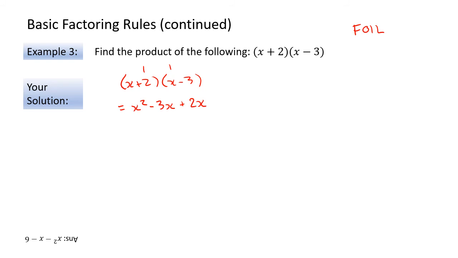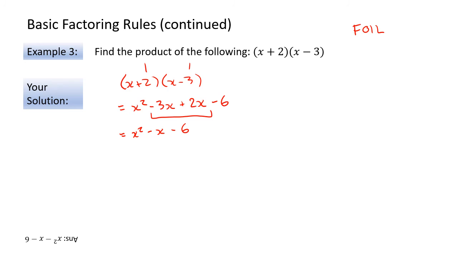And our last terms are 2 and negative 3, so 2 times negative 3 is negative 6. So we can collect these terms in the middle here, and we get x squared, negative 3x plus 2x is negative x, minus 6.